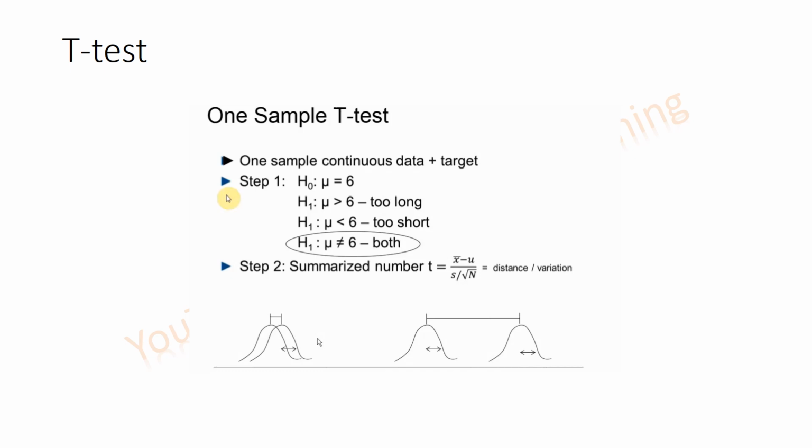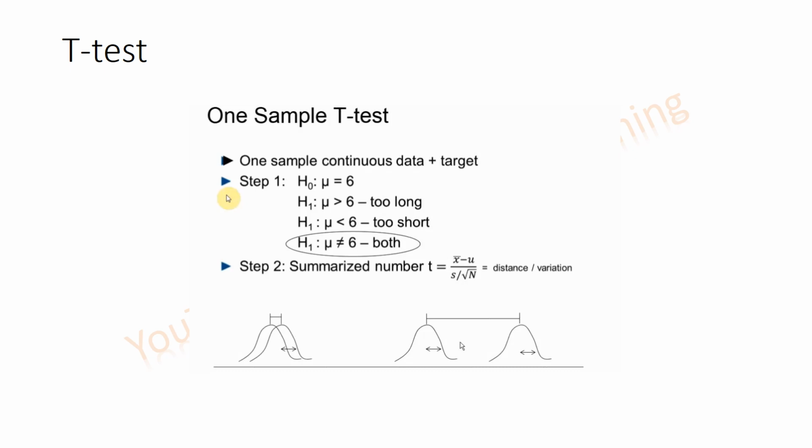But if we put in a different scenario, here are the two curves I try to compare, and this is the distance, and this is the variation. It's very clear they are different. Why? Because for distance over variation, the ratio is much bigger. That's why they are different, right?